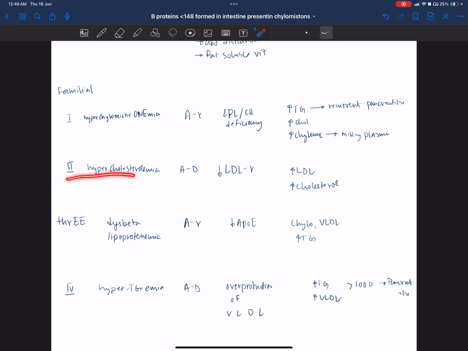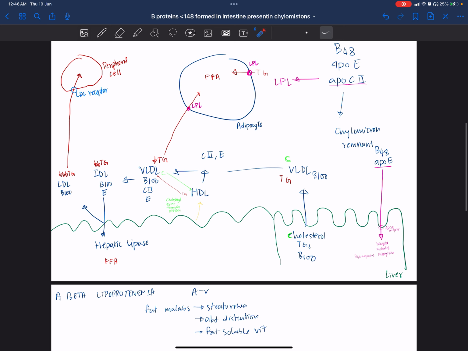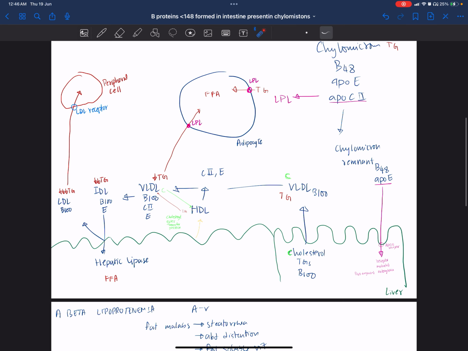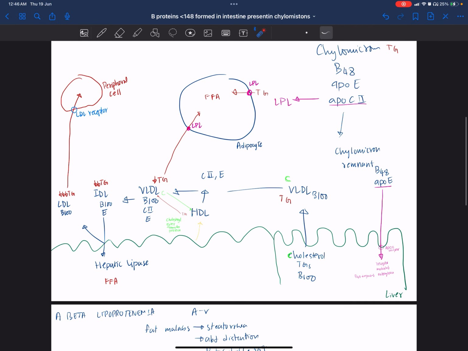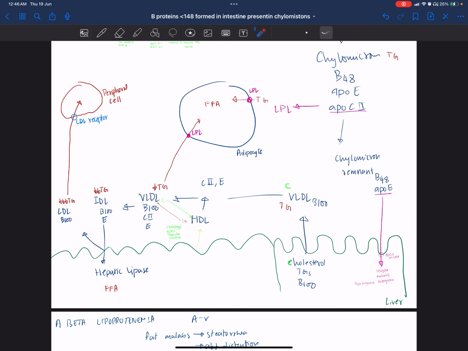Now, hypercholesterolemia is because of the LDL receptor. Say there is a problem with it. What is LDL having? All the triglycerides are gone, so it has cholesterol, which it gives. If there's too much cholesterol, it will give too much cholesterol to peripheral cells, which will cause plaques, cholesterol plaques.